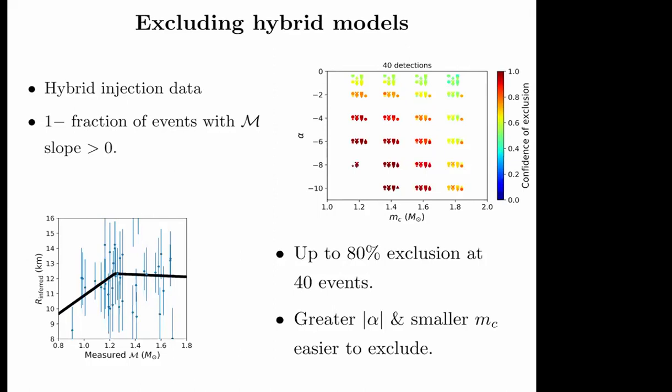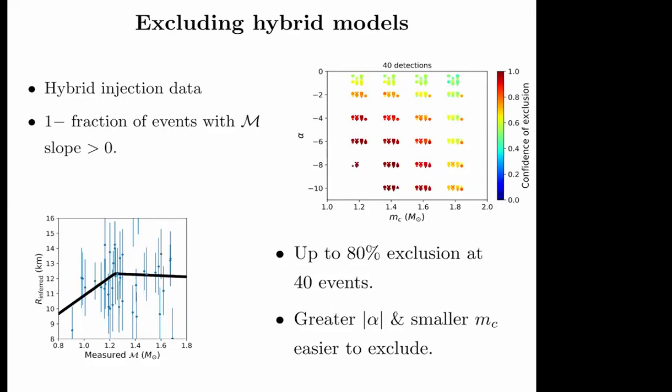So what you see here is that with just 40 events and this very simple selection criteria, you can reach up to 80% confidence of exclusion here. In particular, the confidence of exclusion is greater when alpha is greater, when your hybrid branch slope is greater, and the critical mass MC is smaller.